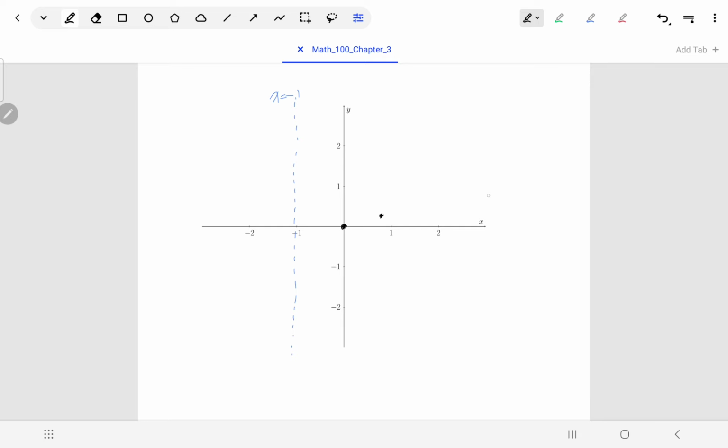So now I'll plot the real horizontal asymptote, y equals 1. Okay, and now we can put everything in that we need.